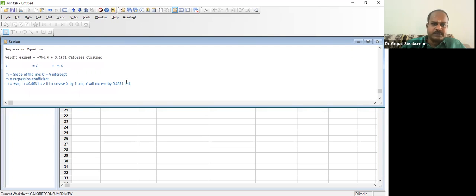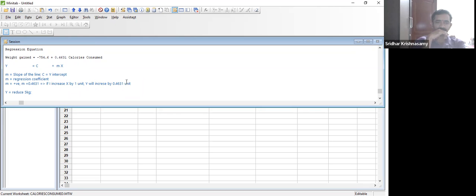Suppose your goal is to reduce 5 kg. That's your health goal. Now tell me, what will you do? Let's say, maybe in grams, I want to reduce 500 grams of weight. And now, will you increase the X or decrease the X?